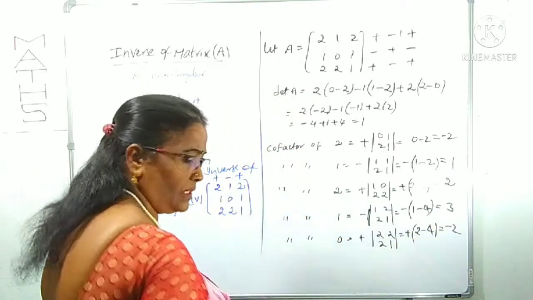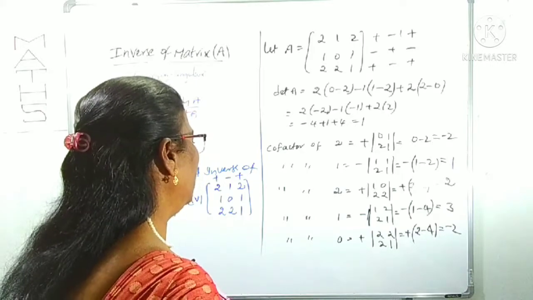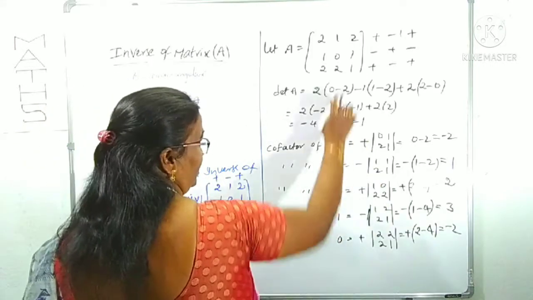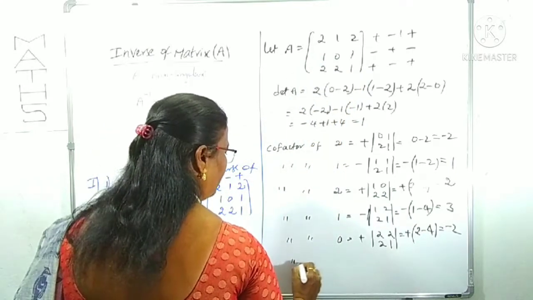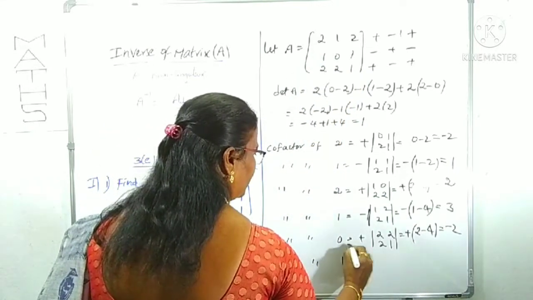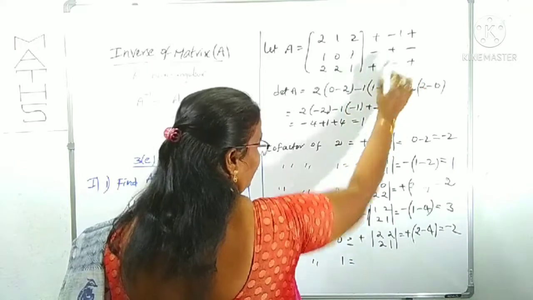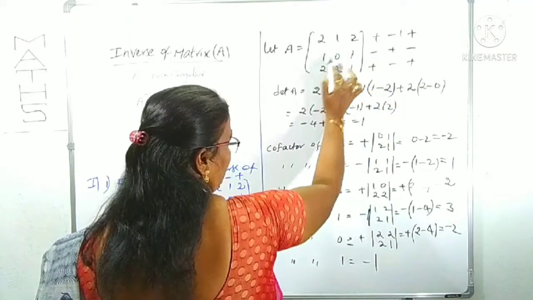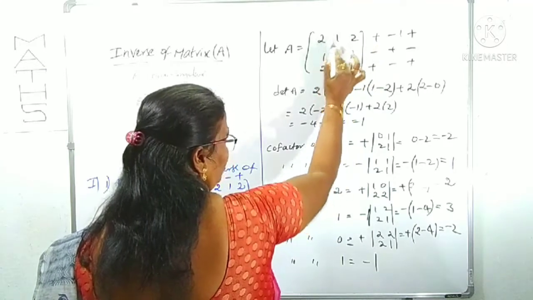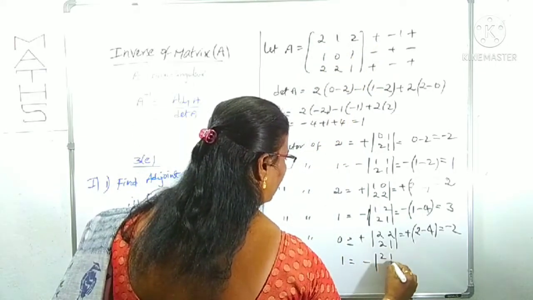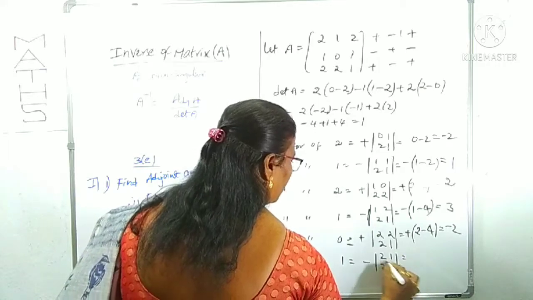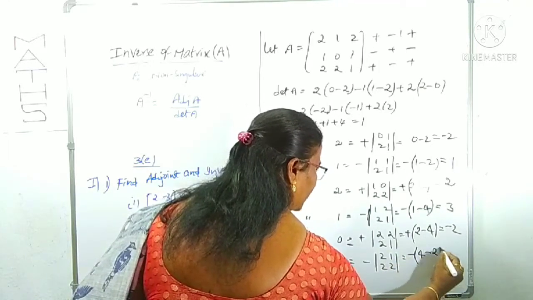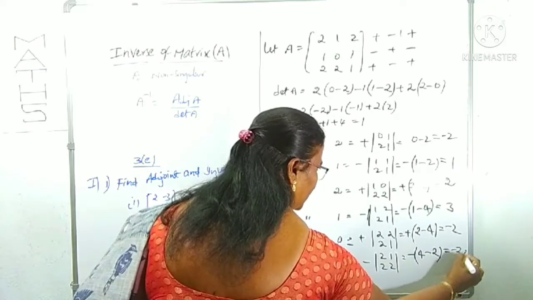Next, one more element: the cofactor of 1. For this one we use the minus sign. Closing this row and column, what is left over is 2, 1, 2, 2. This is 2 twos are 4, minus 2 ones are 2. 4 minus 2 is 2, with the minus, so minus 2.